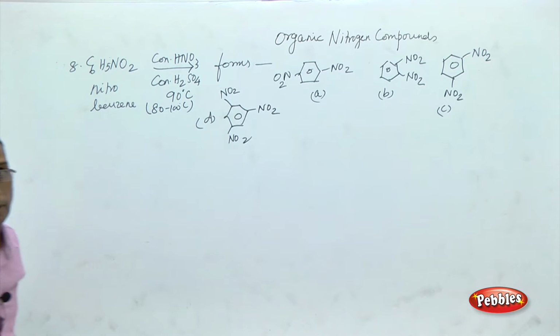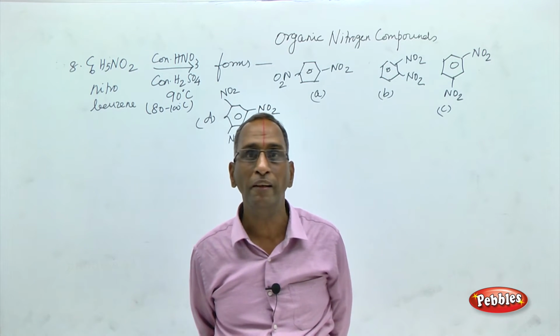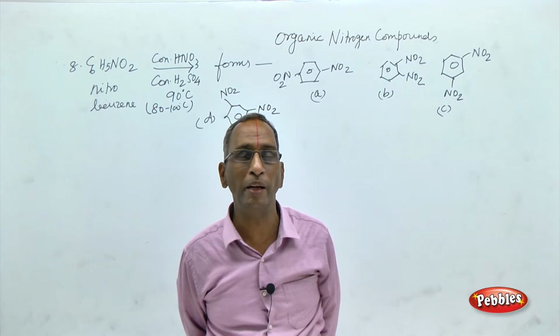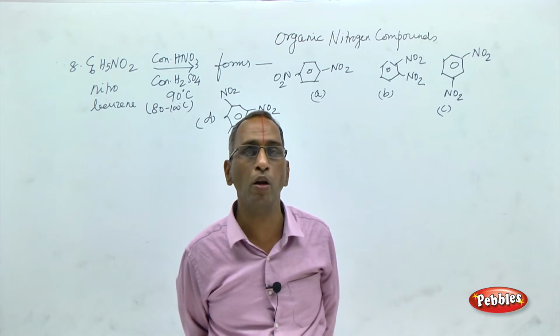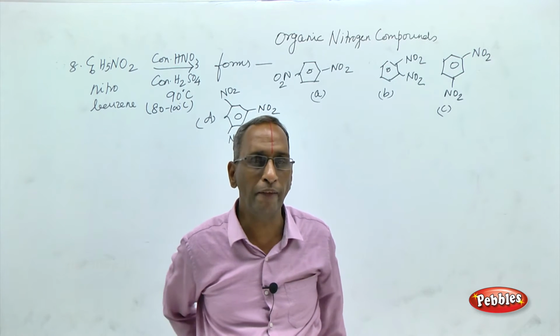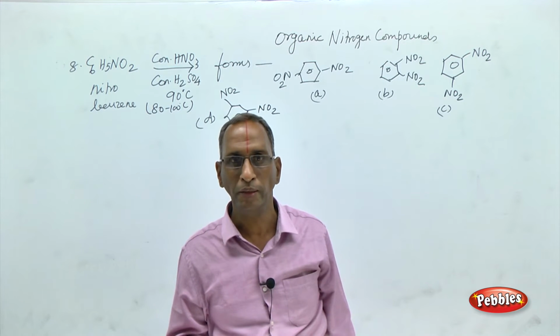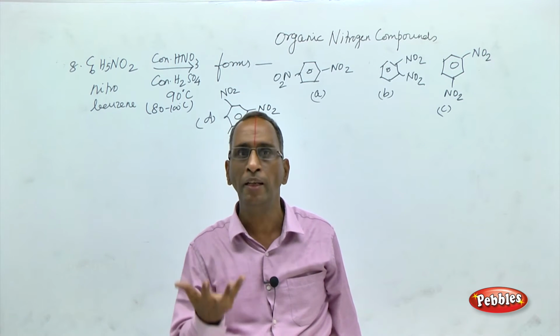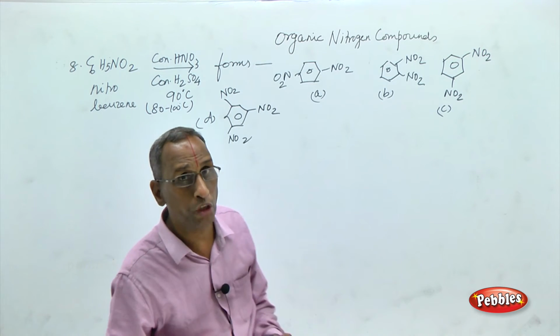We have studied that halogens are ortho-para-directing groups, whereas the nitro group is meta-directing. How to remember: electron releasing groups direct the further substituent to the ortho or para position. Electron withdrawing groups direct the further substituent to the meta position.